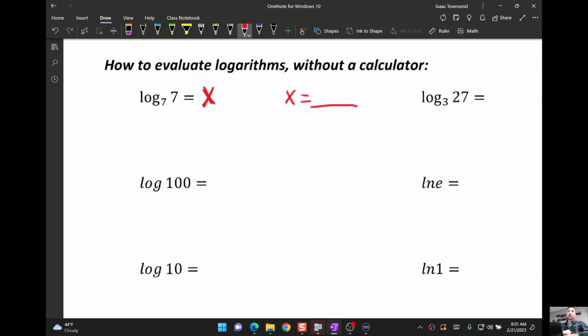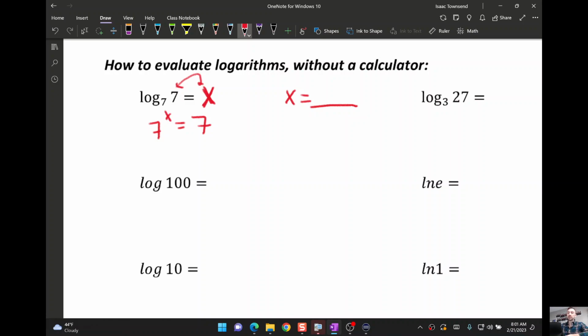So far, the only thing I've told you about logarithms, other than graphing, is how to switch the forms. This is logarithmic form because it has a log in it. But if I switched these two, it would be exponential form. And these are saying the same thing. It's just that this one's a little easier for our heads to wrap around.